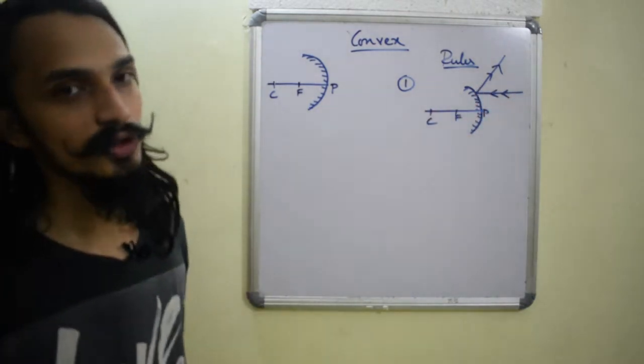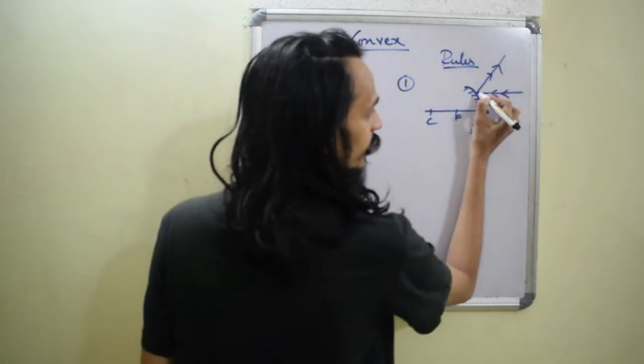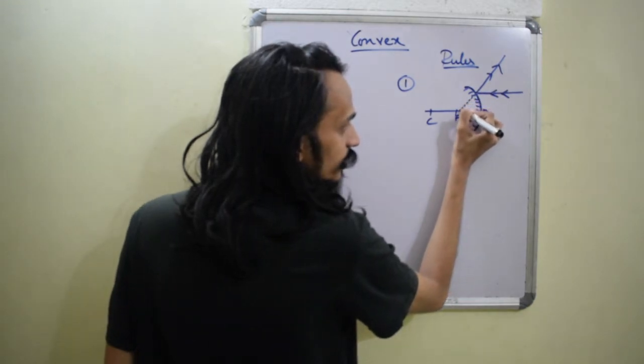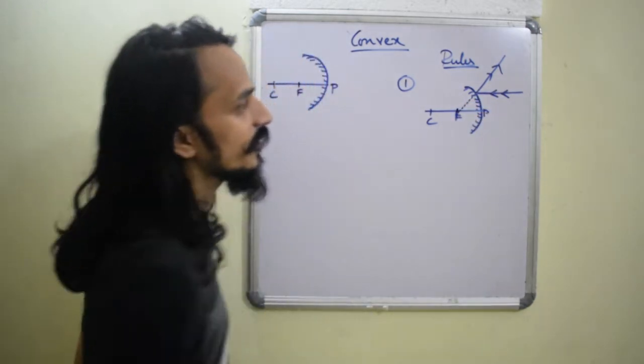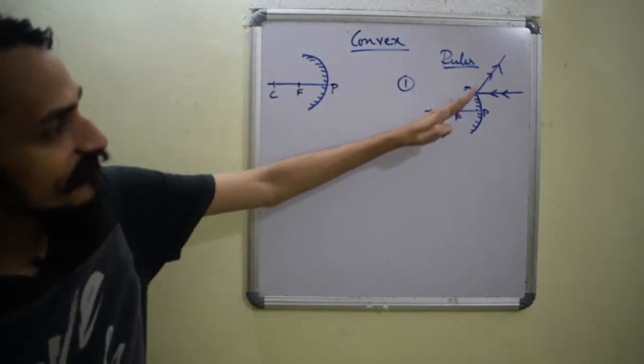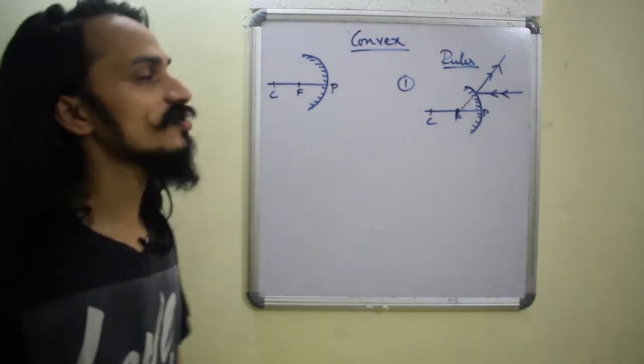See that it is not passing through focus. If you remember, the rule says a ray passing parallel to the principal axis passes through focus after reflecting, but over here it can't go through focus, it is going to bounce back. But if I extend this line backwards, it is definitely going to pass through focus. We say it appears to pass through focus.